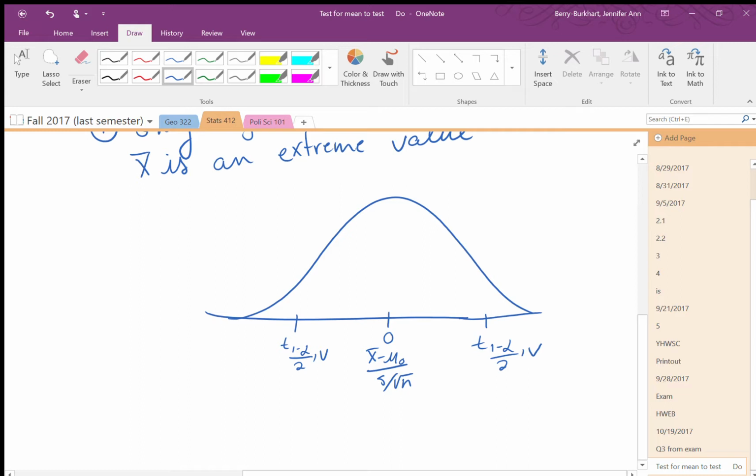I'd say, well, that's really an extreme value that I saw. 95% of the time, this should be in here if that's true, correct? If mu naught is equal to the mean of my sample, then I should see this 95% of the time, and I'm going to reject that this is true.